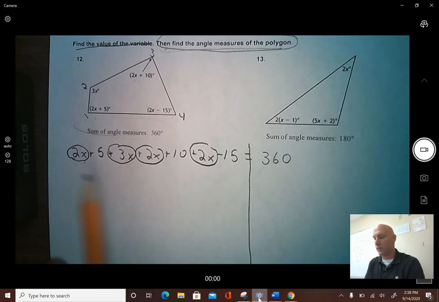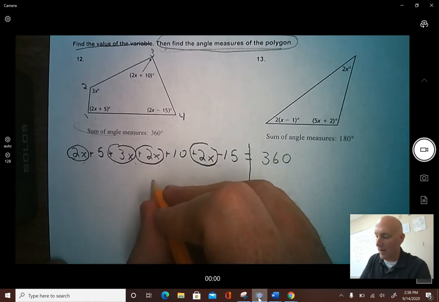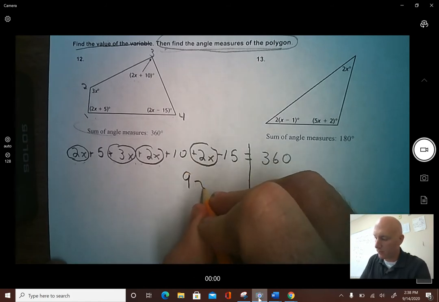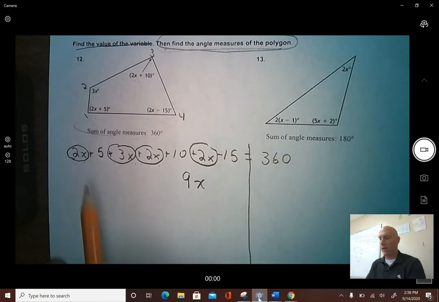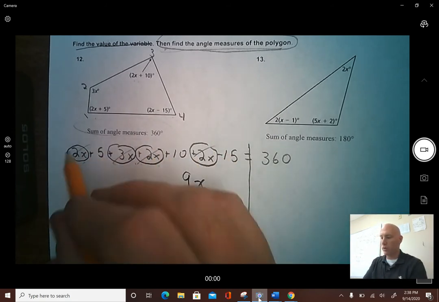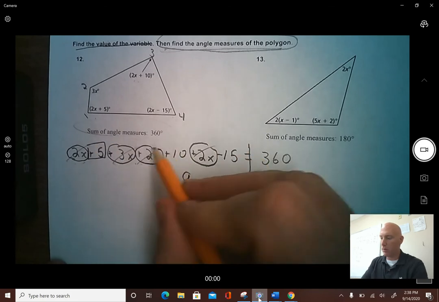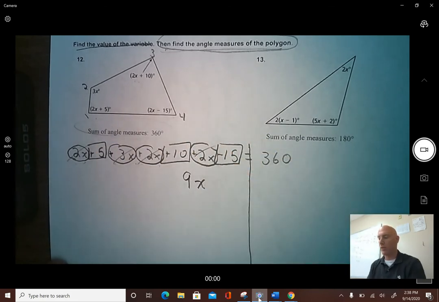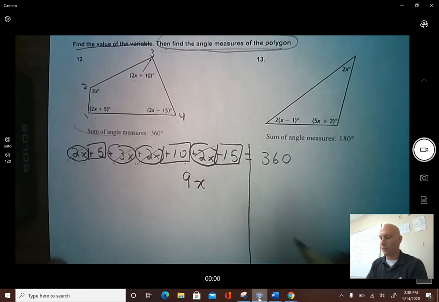So 2x plus 3x plus 2x plus 2x adds up to 9x. And then we've used all those. So now I have 5 and 10 minus 15. 5 plus 10 is 15, minus 15 is 0.